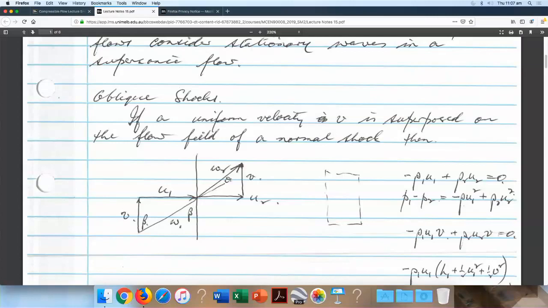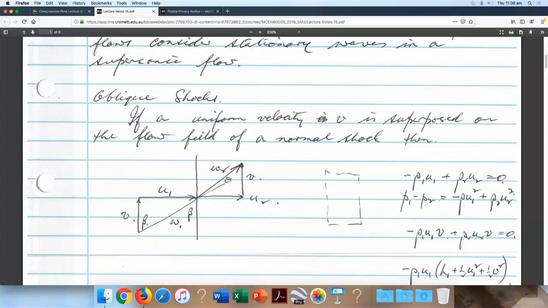And the force in the x direction will be the net flux of momentum out. That'll be rho 2 u2 times u2 out, and the flux in on this surface will be minus rho 1 u1 squared, minus because u dot n is negative. And the force in this direction is P1 times unit area minus P2.